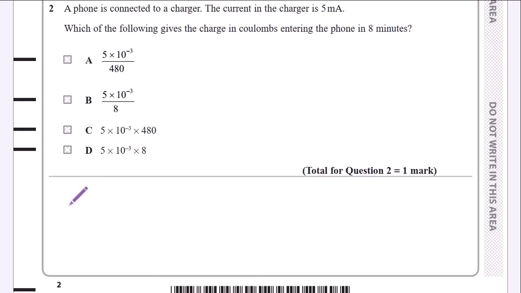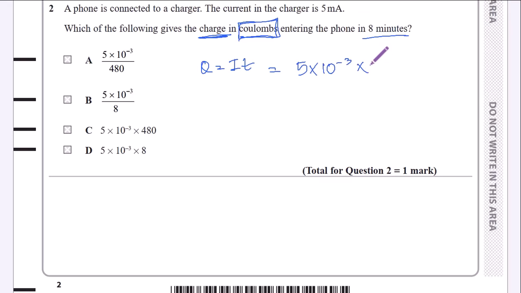A phone is connected to a charger. The current in the charger is 5 milliampere. So this should be very basic. The question is asking you about charge. So Q equals IT. I is 5, but in order for my charge to be in coulombs, current cannot be in milliampere. So you have to convert this to ampere, 10 to the power minus 3.